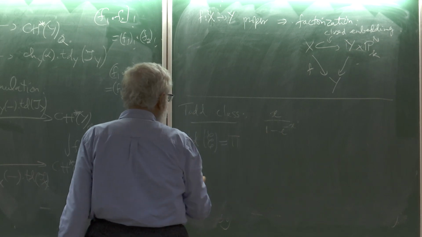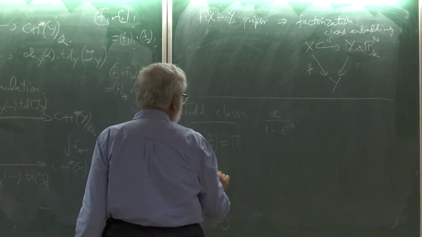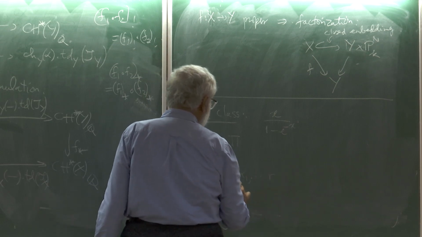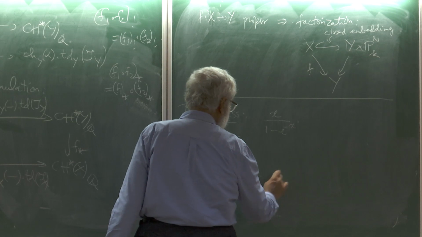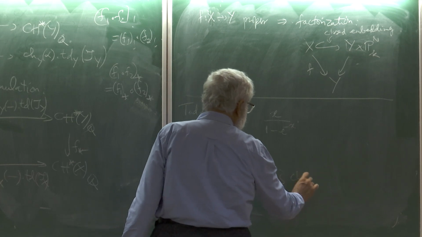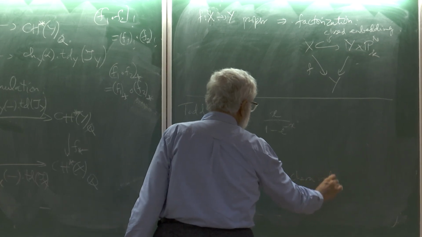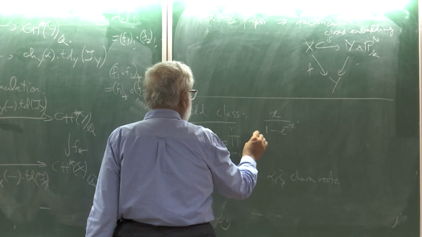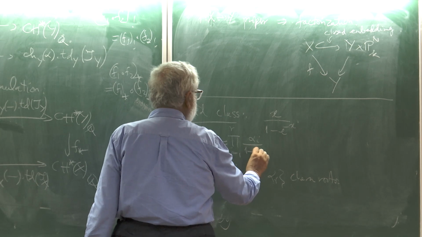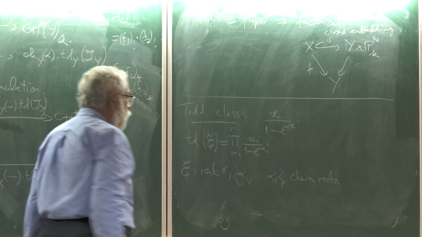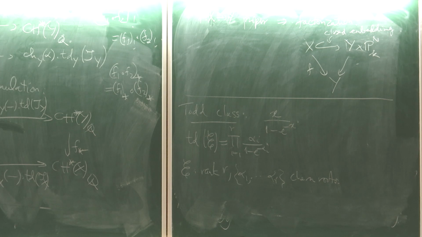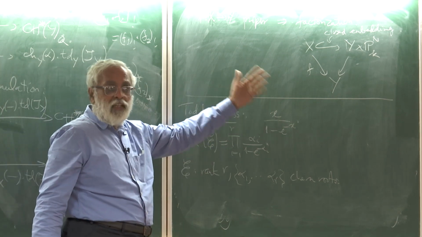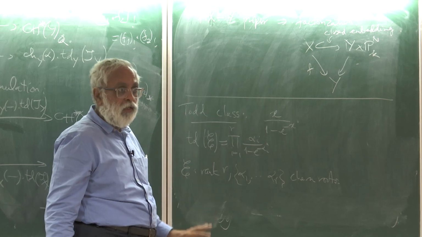So E has rank r and alpha 1, ..., alpha r are its Chern roots. Then I write the product, i equals 1 to r, of alpha i over 1 minus e to the minus alpha i. This is the correct formula for the Todd class. I'd forgotten that x there, but once you put the x, that's okay.